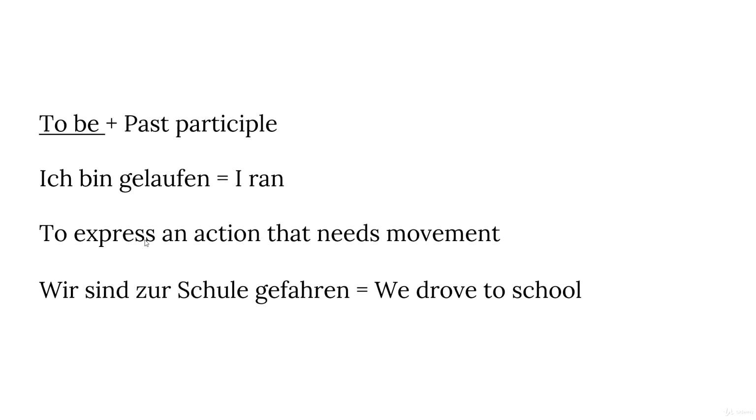Let's try another example. Like, we drove to school. Drove means that the main verb is drive. And drive in German means fahren. Fahren is a verb that you move in. So you write sein. And sein with the pronoun we, or wir, is wir sind. Now, you know that the second verb, which is gefahren, would come at the end of the sentence.